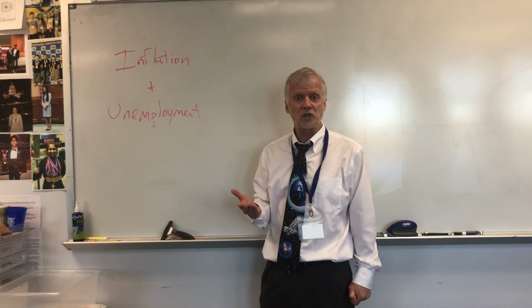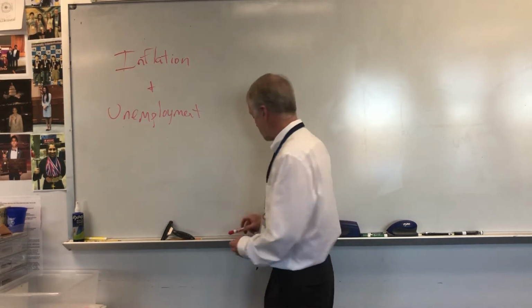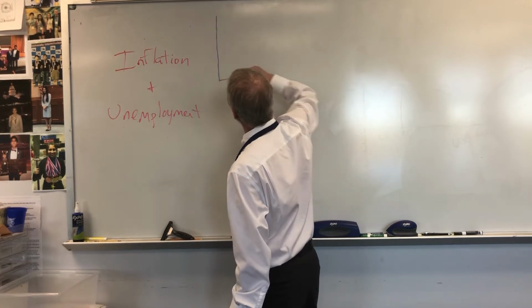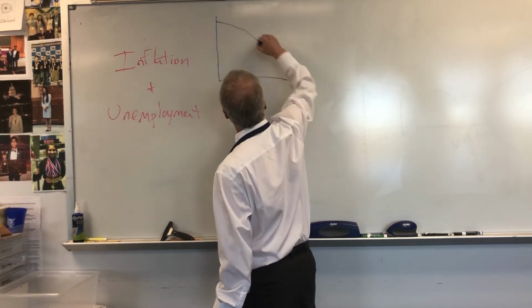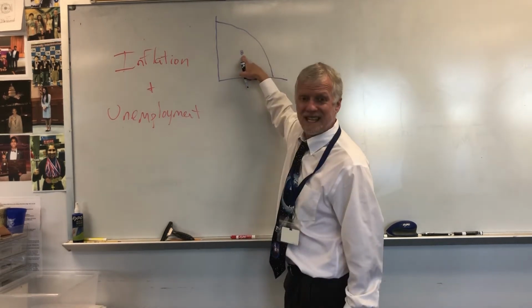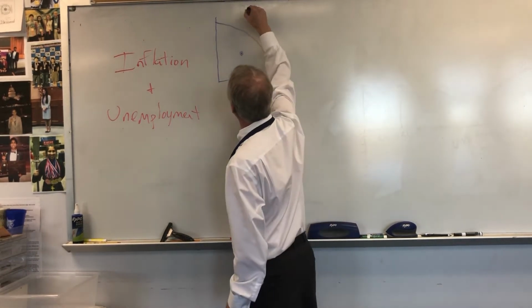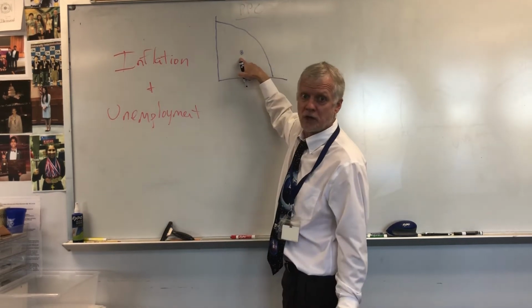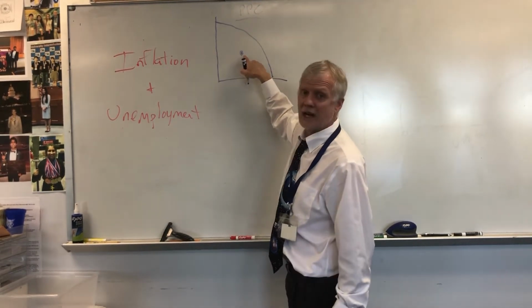We've already shown several models that illustrate these problems in macroeconomics. One of those was one of the first models we did, the PPC, where a point inside the PPC curve would represent unemployment because resources are not being used, particularly the labor resource.